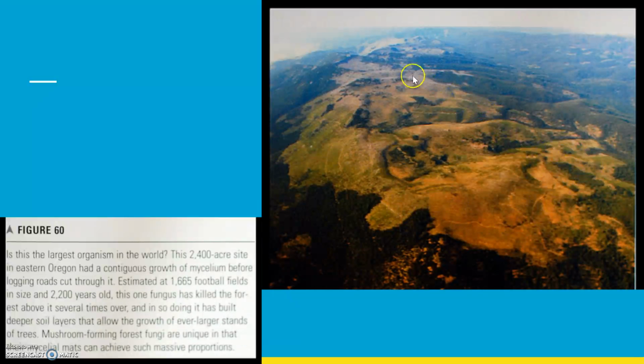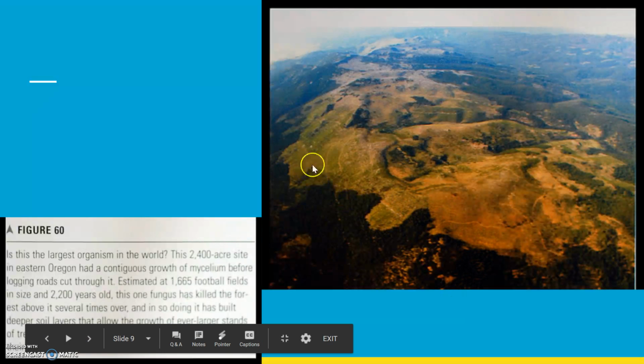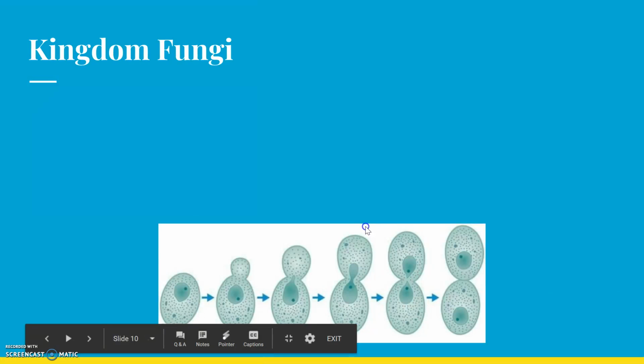Do you see how massive that thing is? What you need to know is that the mushroom is all underground. If you were to walk on top of this, you would just see grass. Scientists have a machine that can pinpoint exactly where the mushroom is, and this is where they have shown it, and this is in Oregon. Okay, this 2,000-year-old mushroom is in Oregon.